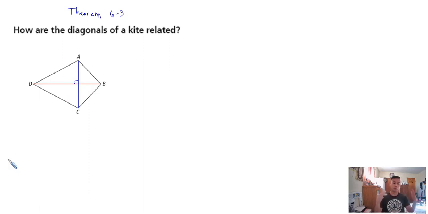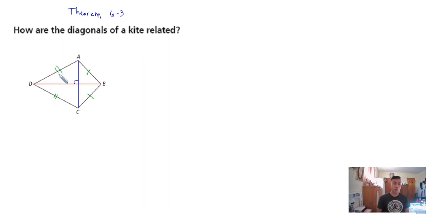Also, there are two pairs of congruent sides. When I put the diagonals in, AB is congruent to CB, and DC is congruent to AD.